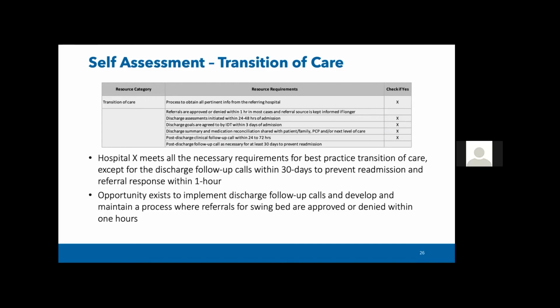Remember, they don't have a swing bed program, so they don't have referrals coming in for swing bed. But in their mind, they were saying, we don't have the ability to pull a team together and get a response back for referrals in under an hour. So again, we want to improve on some of those areas there.